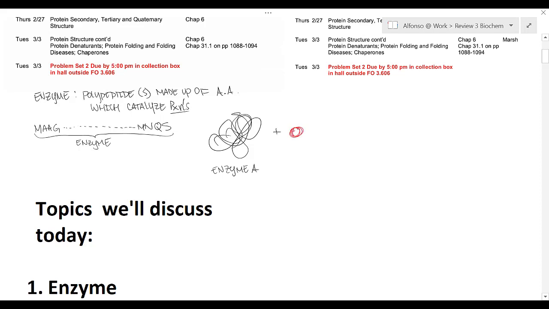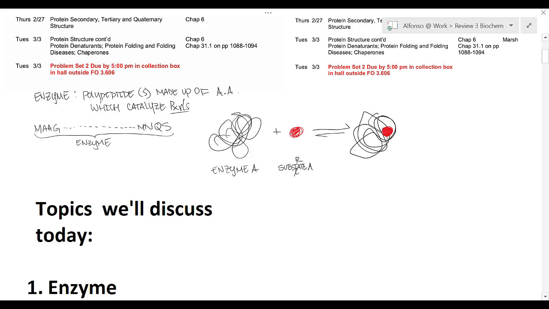It's this red dot right there. And so what this enzyme does with a substrate, so let's call this substrate A, it forms an enzyme substrate complex. And so as you can see here, the enzyme has now bound the substrate.